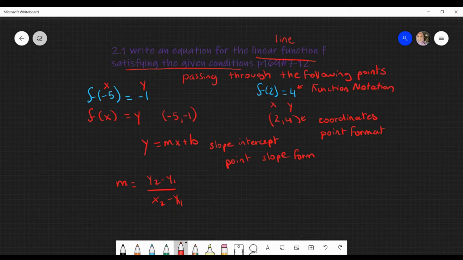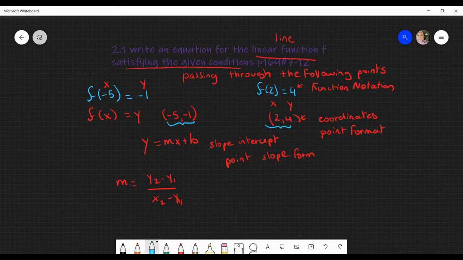You could actually name this point 1 or this point 1. It doesn't matter as long as you go x1, y1, x2, y2. So y2 minus y1 divided by x2 minus x1.